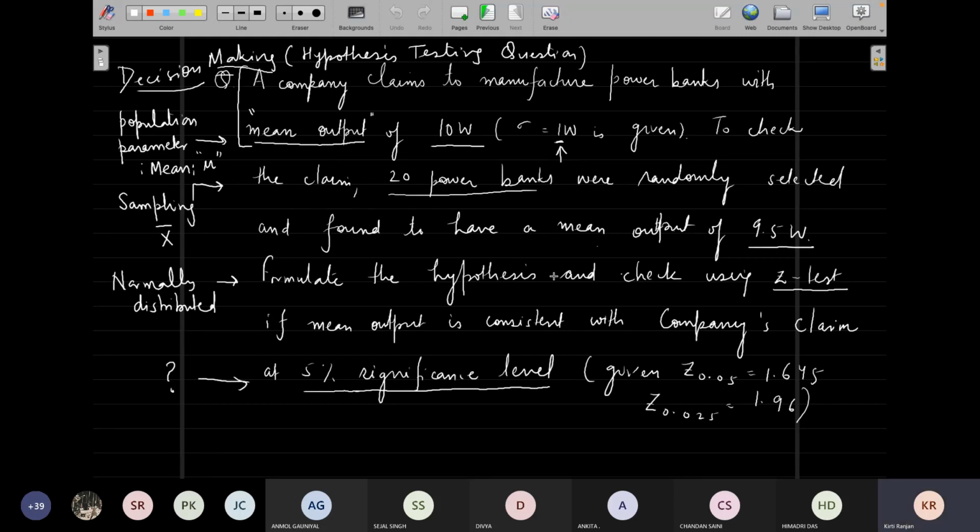We are using the laws of statistics because we know that X bar is supposed to be distributed normally for large enough samples, and hence we can rely on the distribution of X bar to do this test.